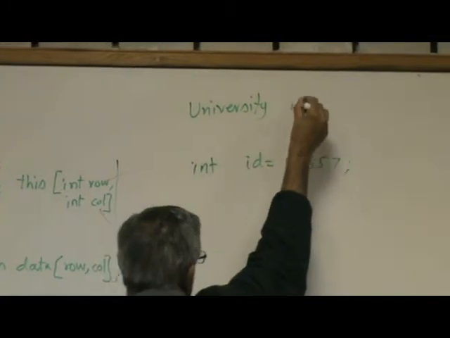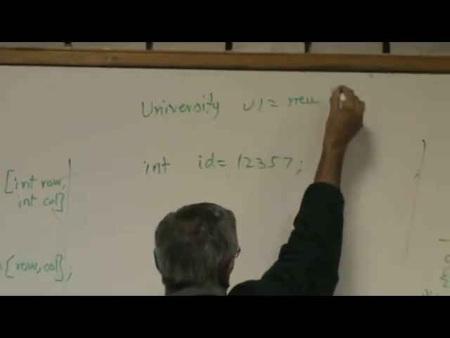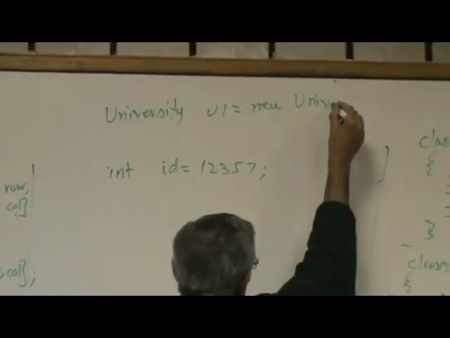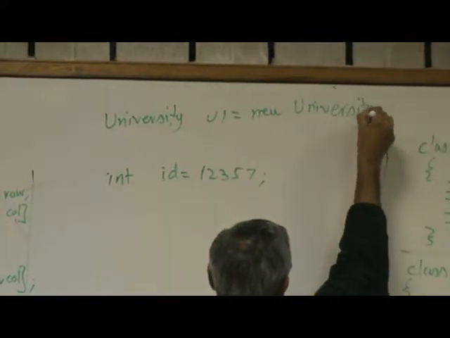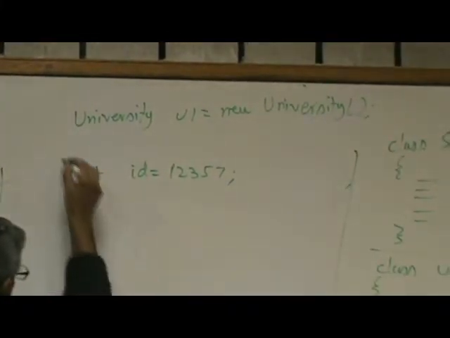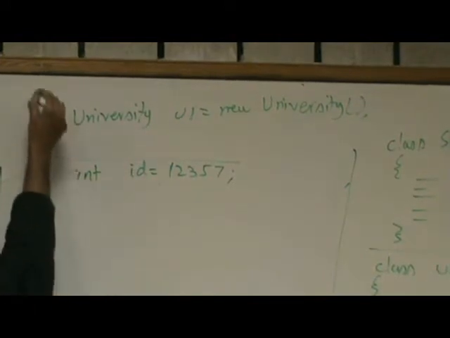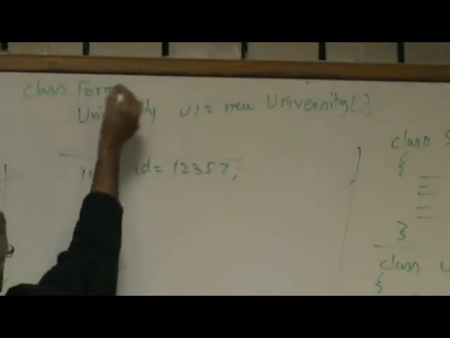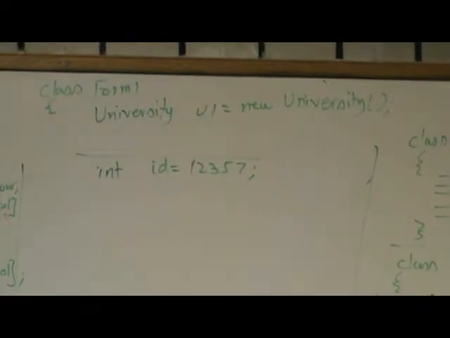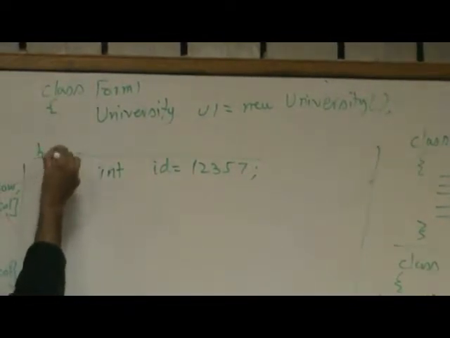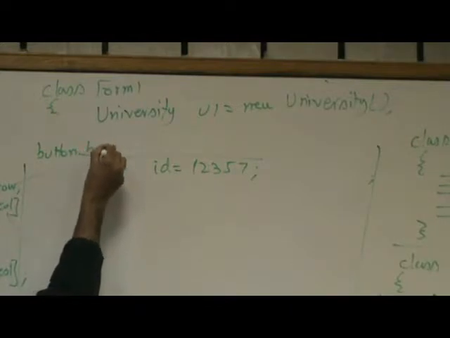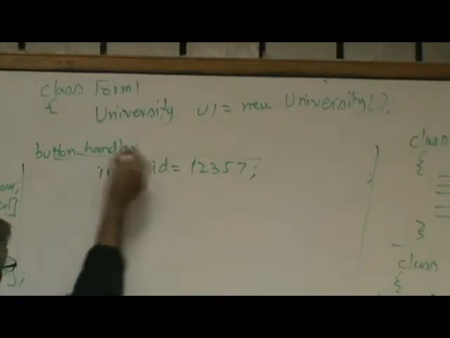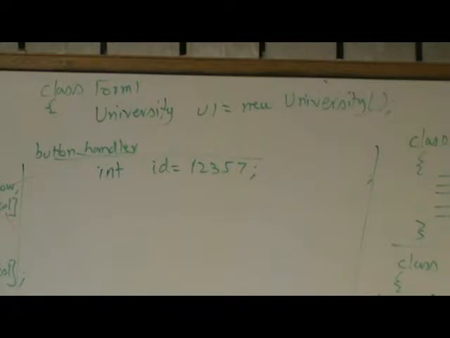If we have already created a university object equal to new university. Okay, so anyway, then in the button handler, so pretend this was somewhere inside of our class Form1, where we wanted to do the search, our code will look something like this.